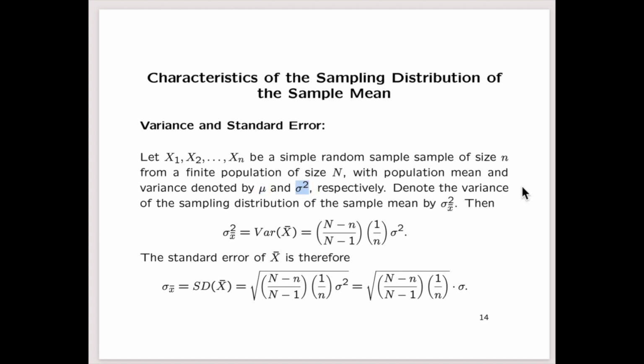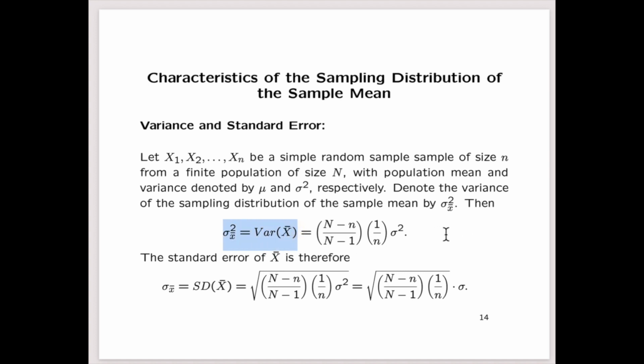Now denote the variance of the sampling distribution of the sample mean by sigma squared sub x bar. We can also denote it as var, or variance, of x bar. So we'll use both of these notations.